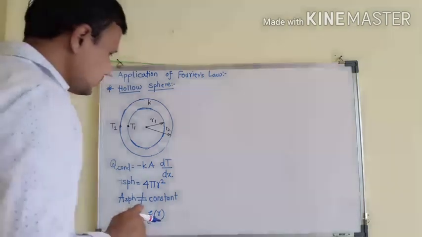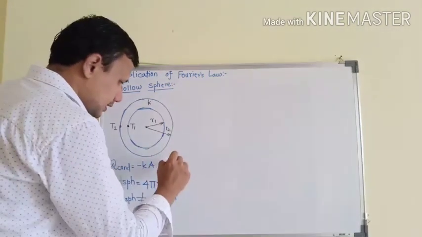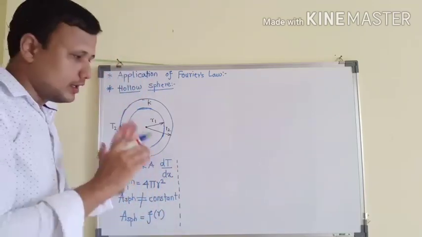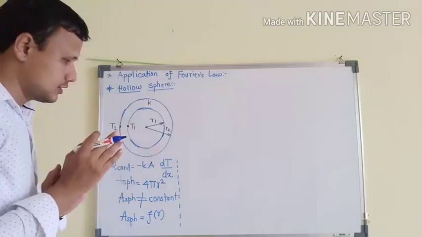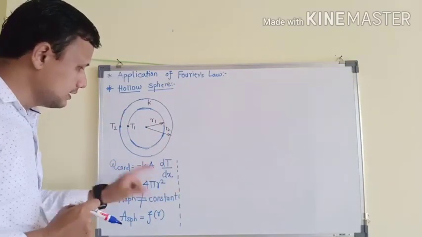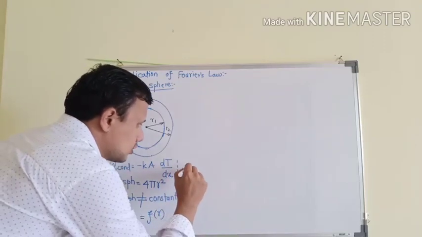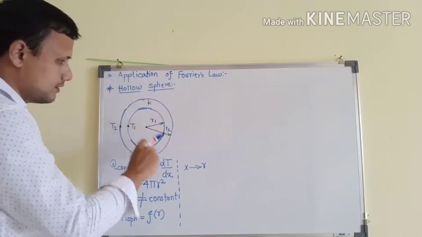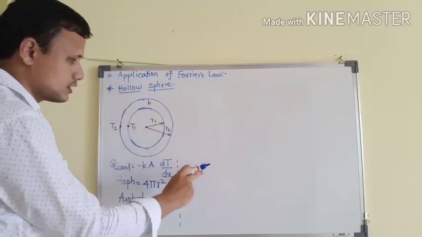So now we will also understand the directional coordinate. For the plane wall, x was the directional coordinate, progressing in the direction of thickness. In this case, the directional coordinate x is nothing but the radius. Whatever the physics is changing, it is changing in the direction of radius.